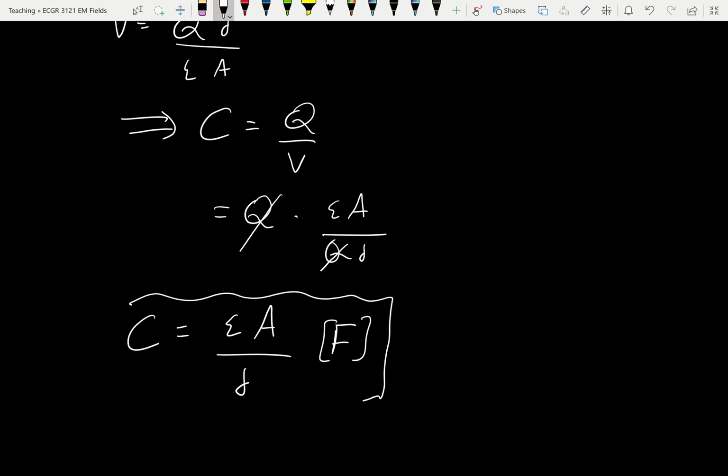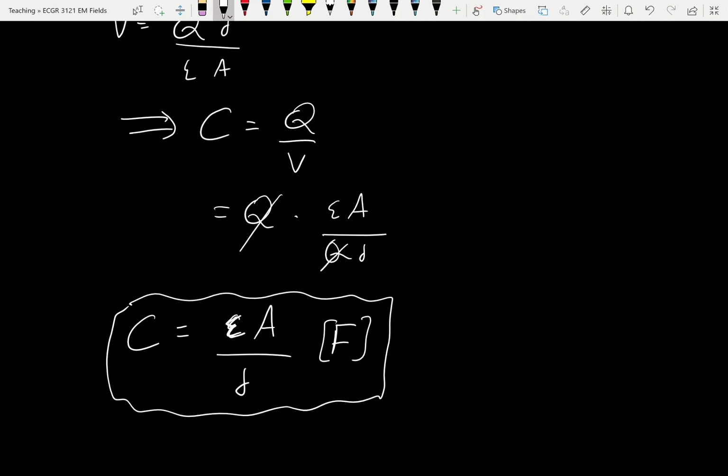Notice that the capacitance does not depend on the voltage nor the charge. It is purely a function of the material between the plates and the dimensions of the plates. Okay, and this is a typical formula that you would see. It's a very famous formula, right?